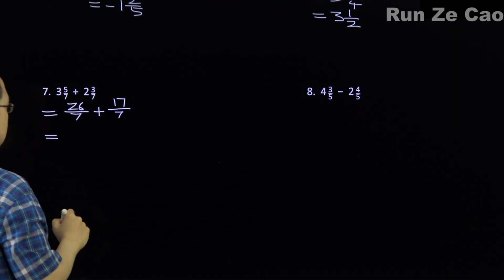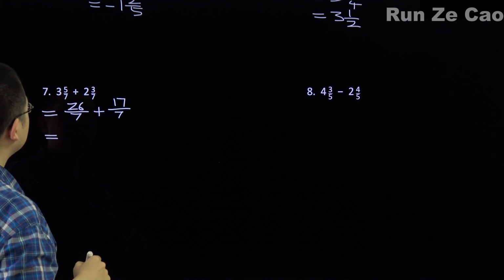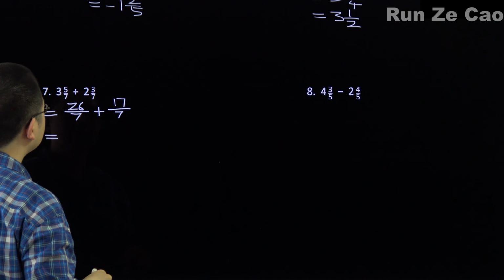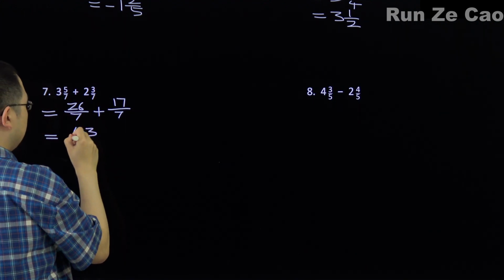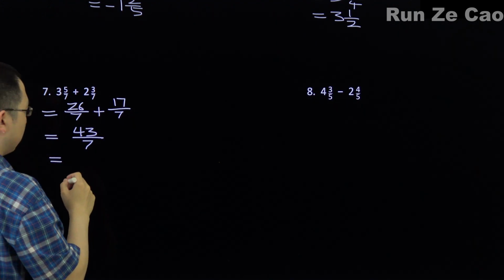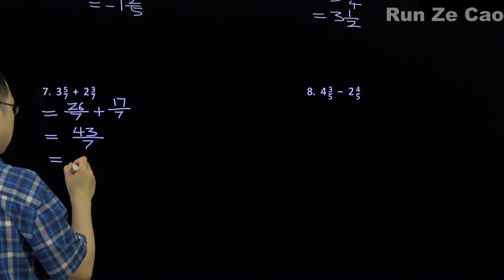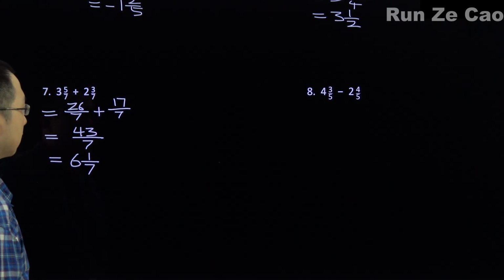So 26 plus 17. What's that? Well, so that's 26 plus 14 plus 3. So that gives us 43 over 7. 6 times 7 is 42. And we got a 1/7 here.